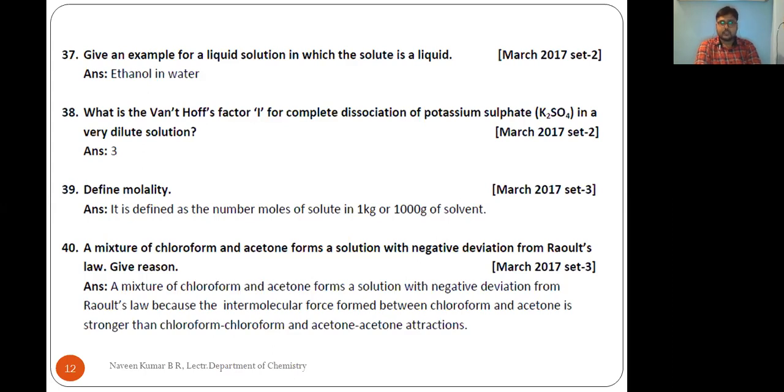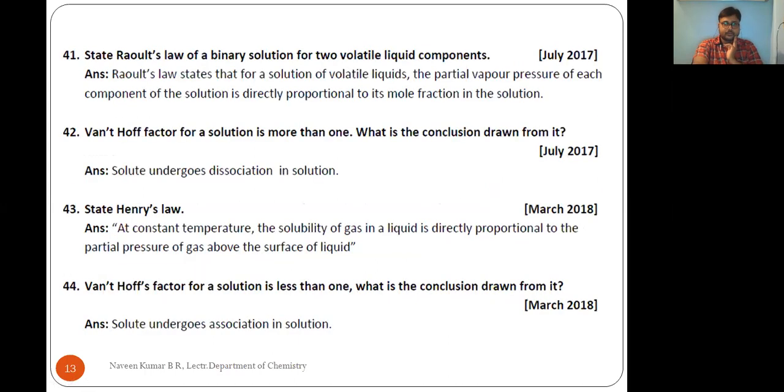Strong attractive forces are seen, hence a negative deviation from Raoult's law. The answer is chloroform and acetone form stronger attractive forces in solution when compared with chloroform-chloroform and acetone-acetone interactions. Hence it shows negative deviation from Raoult's law.